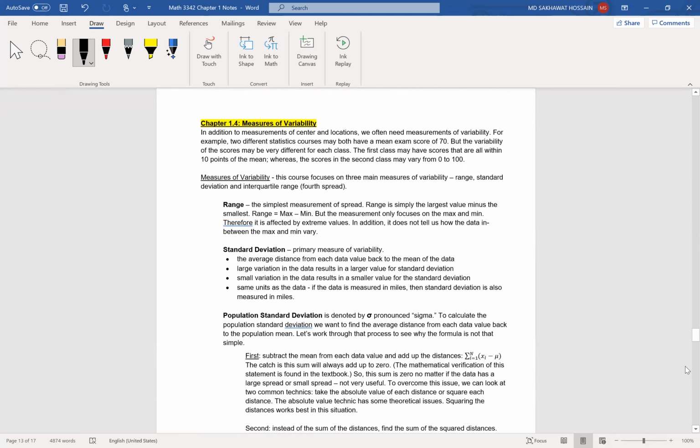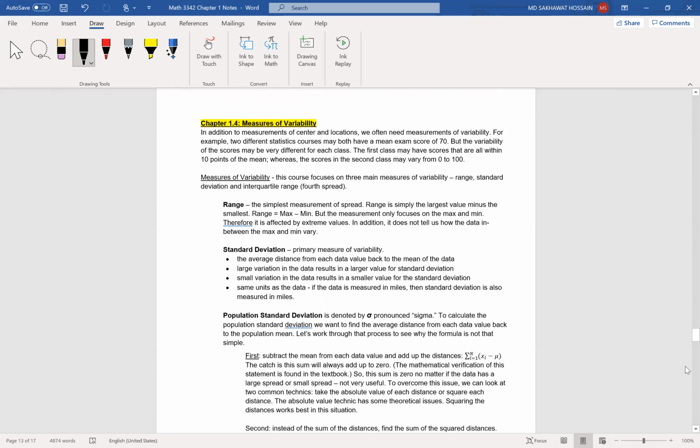Measures of variability. What are the measures of variability? We want to know how the data is spread. Based on the center, we know the location of the data, where the data is located. Now we want to know how the data is spread, that is, the variability or spread of the data.